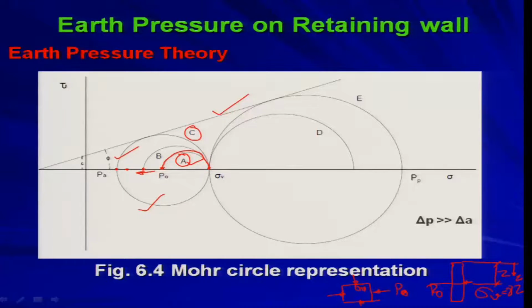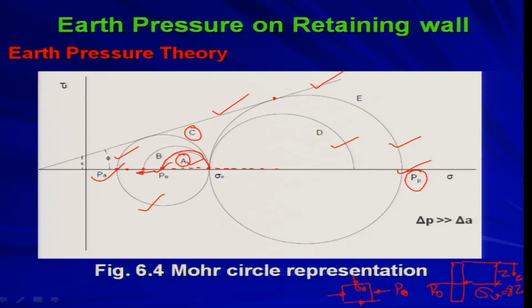So, from P naught it will move in this direction, and in the process you will get circle D, and finally circle E, which will give you the passive pressure Pp, touching the Mohr-Coulomb failure envelope at this point. So, this is your Pp, this is your P naught, and this is your Pa.